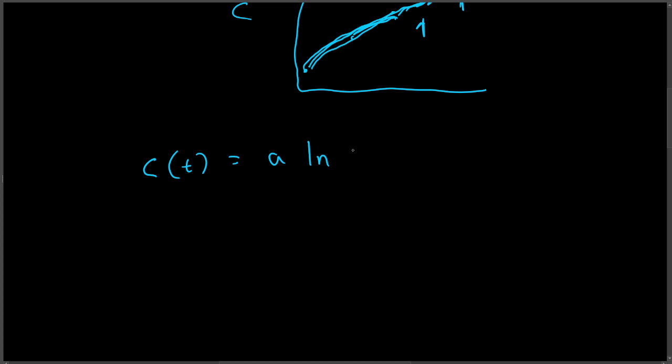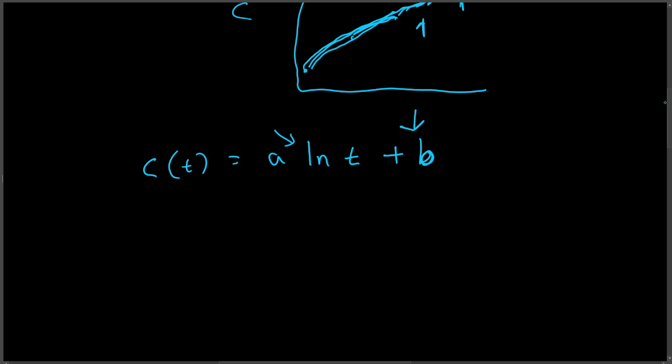And so I'm going to put in my time variable here, and then the whole graph can be shifted by a b constant. And so there's two variables that we need to define the model. Whatever we're multiplying the logarithmic function by, and however much we're shifting it up above 0.